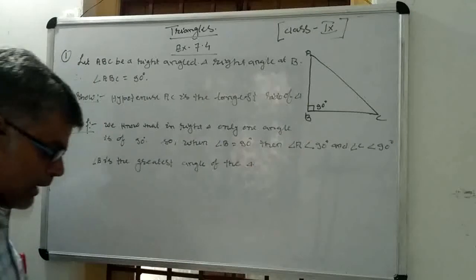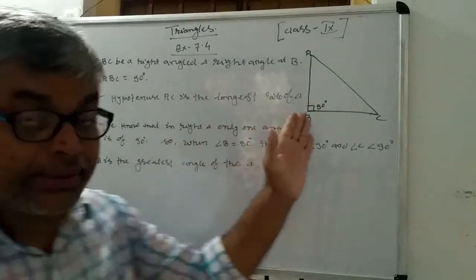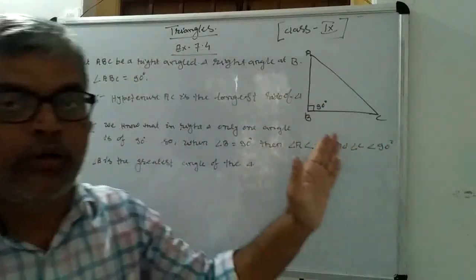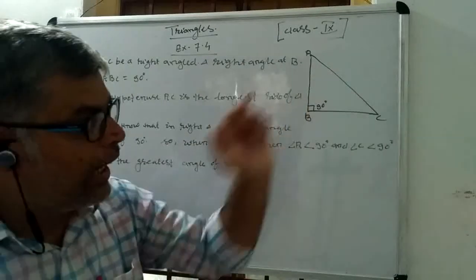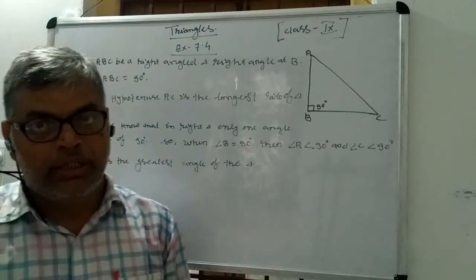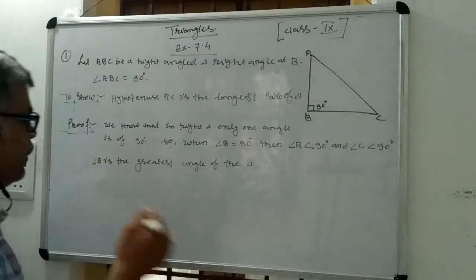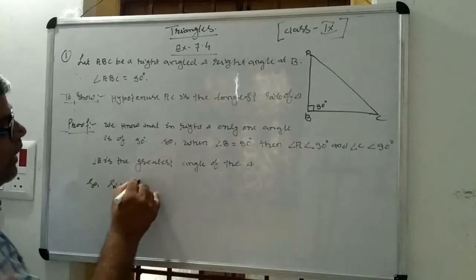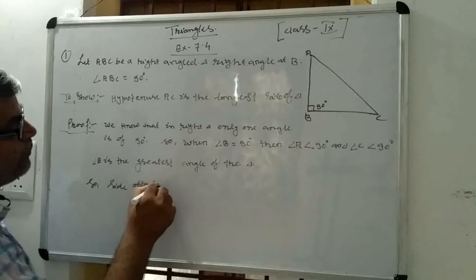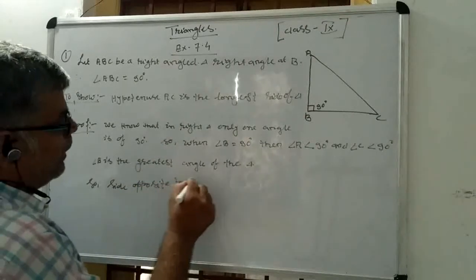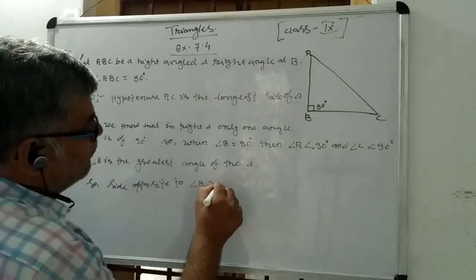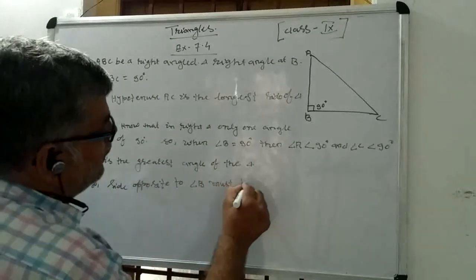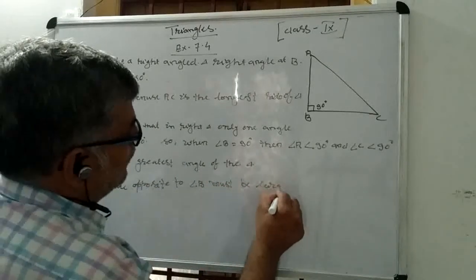When angle B is the greatest or largest angle of the triangle, then the side opposite to angle B must be largest.